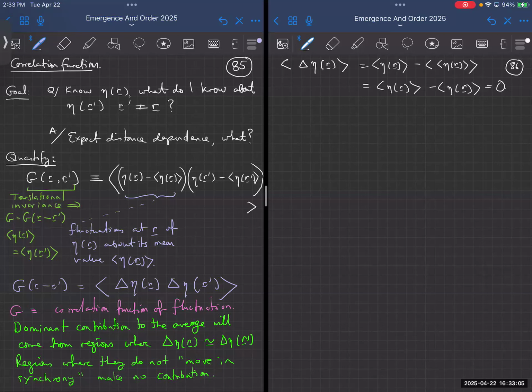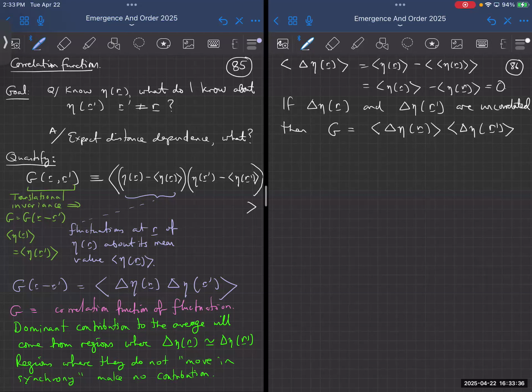So if delta eta of r and delta eta of r prime are uncorrelated, then G is going to be the expectation value of delta eta of r times the expectation value of delta eta of r prime, and that's going to equal 0. So G of r truly measures how correlated the system is.